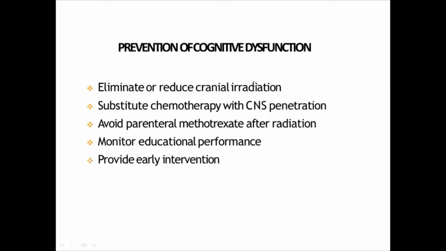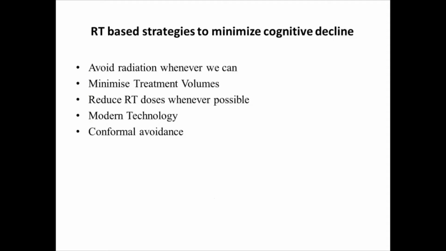So how can we prevent all this cognitive dysfunction? It can be done by eliminating or reducing the cranial radiation, substituting chemotherapy with CNS penetration, avoiding parenteral methotrexate after radiation, by monitoring the educational performance, and by providing an early intervention. So what are the radiation-based strategies to minimize the cognitive decline?